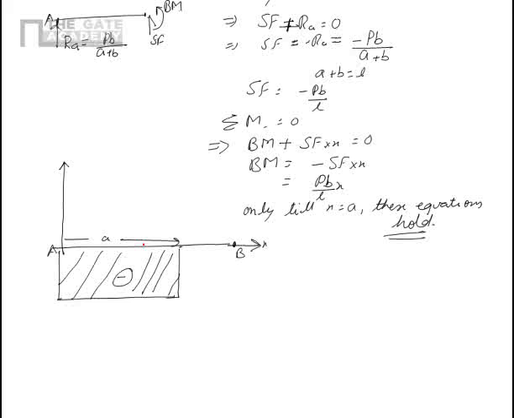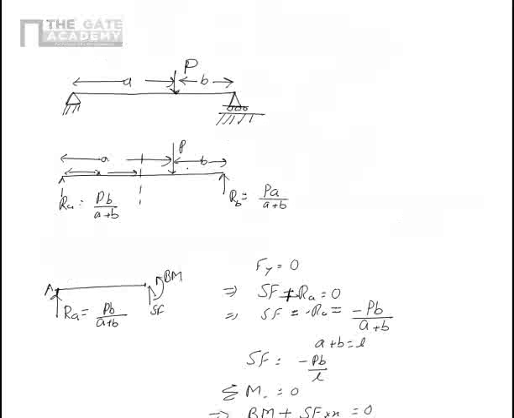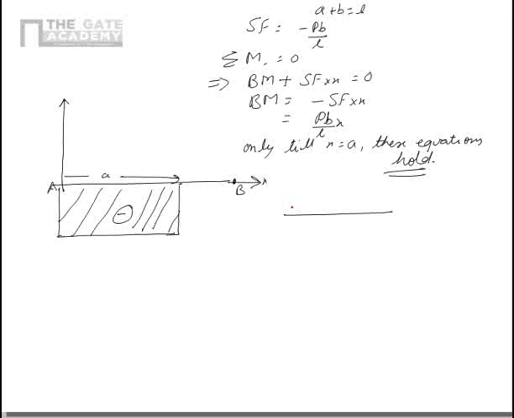Now let's see what happens if we cut from here, or if we take this section. We can take this section also and see what happens. So that section is like this. And there is a force P, and there is this length which is A minus x, which is the remaining length, and this is B. Now this is RB.